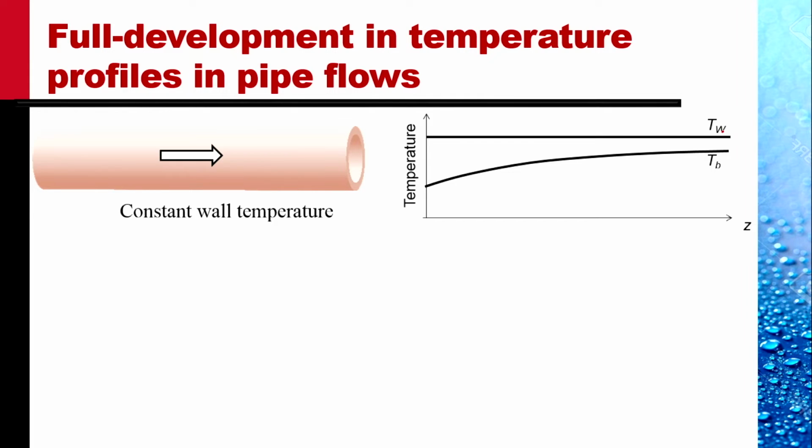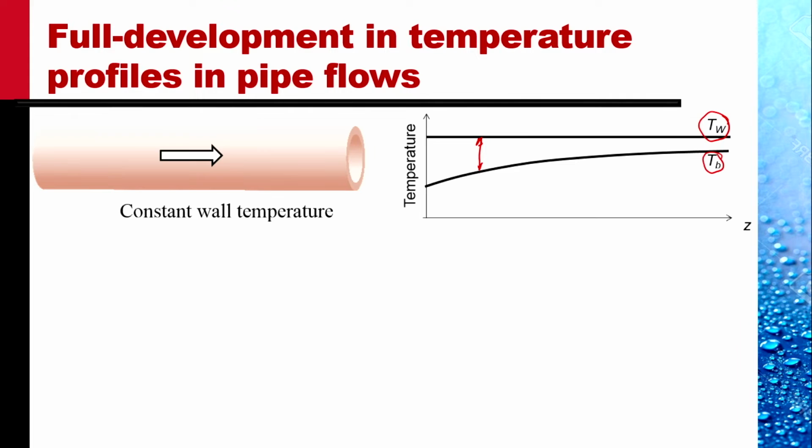Tw is constant, but the heat is being transferred into the pipe, that is, to the fluid within the pipe continuously, so that the bulk temperature of the fluid is increasing. The temperature difference Tw minus Tb is decreasing.